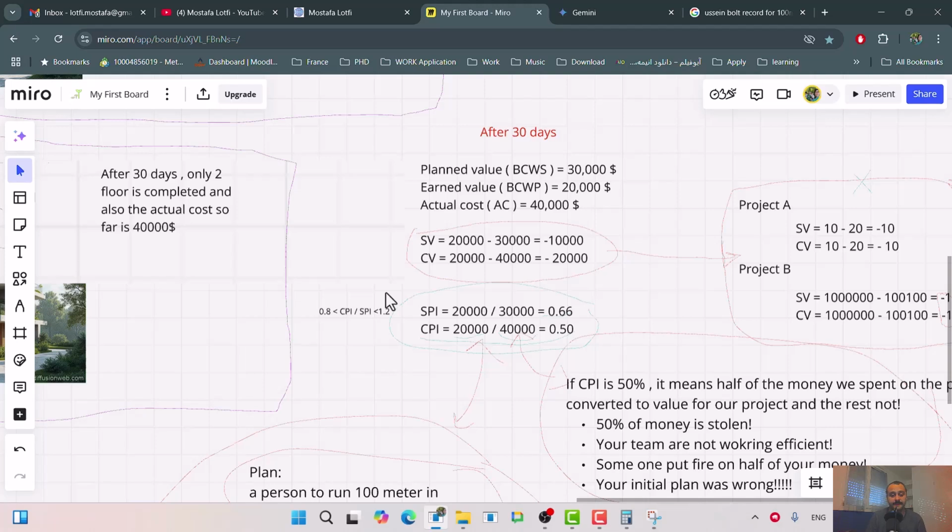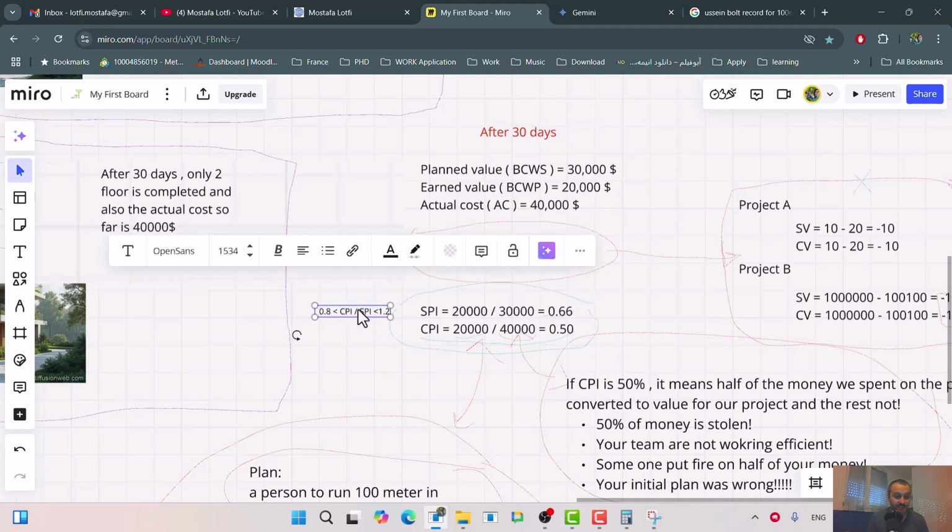Okay, but if it's too much ahead or too much behind, it should be an alarm in your mind, it should be a red flag in your mind. Or even if the CPI and SPI is exactly equal to 1, it should be an alarm for you. It's just from experience.